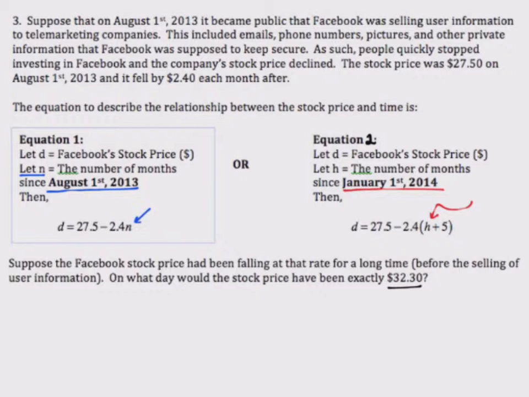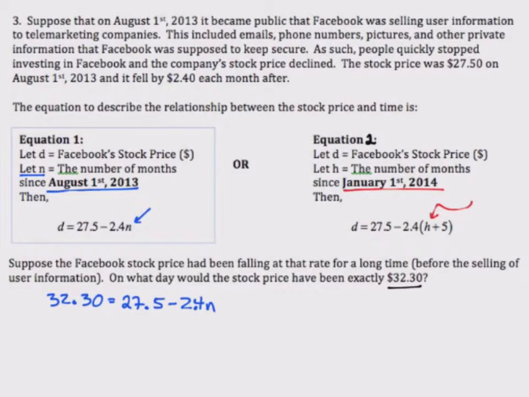So in our first equation, we're going to have the equation to solve $32.30 equals $27.50 minus 2.4 times N. And of course, N represents the number of months since August 1st, 2013.